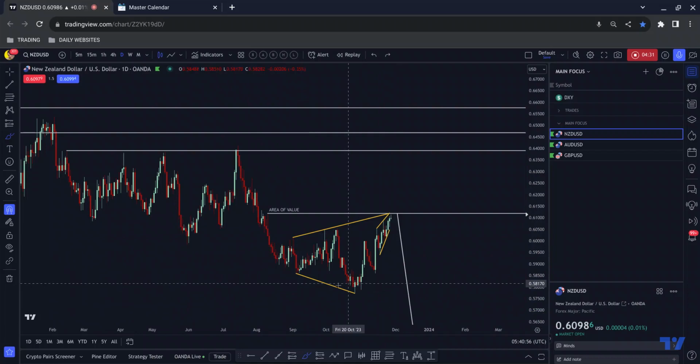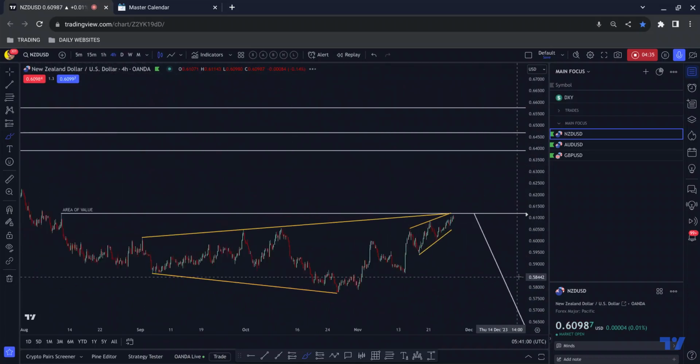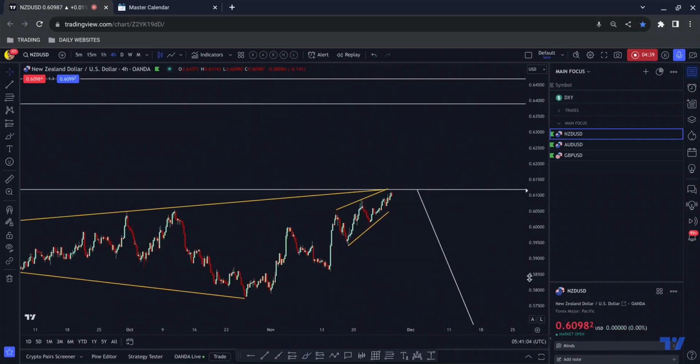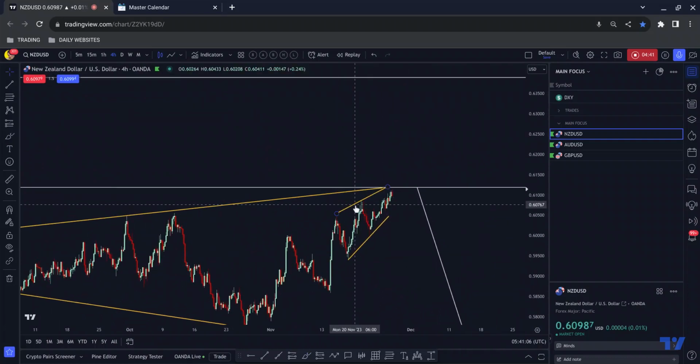At the end of it, we have this kind of ending structure where we have this 1, 2, 3 with a 1, 2, 3 move in it.